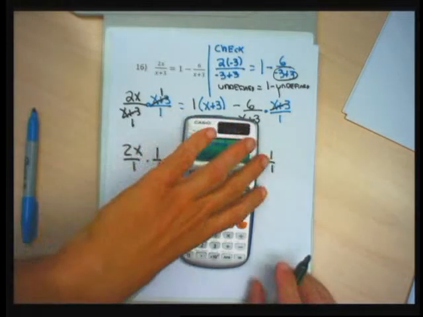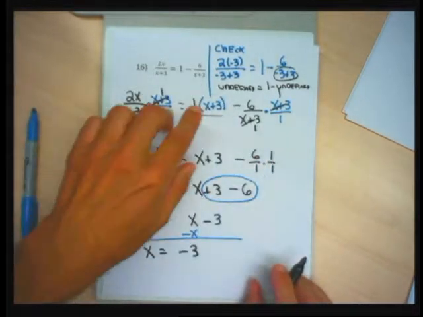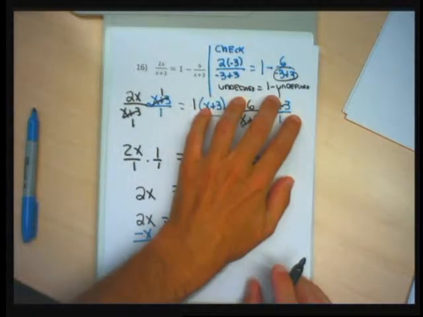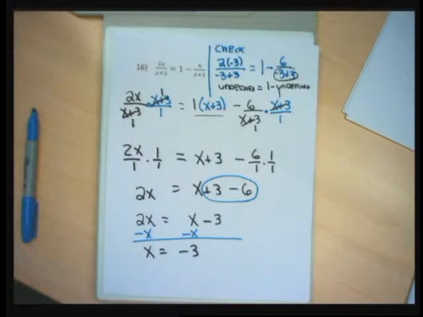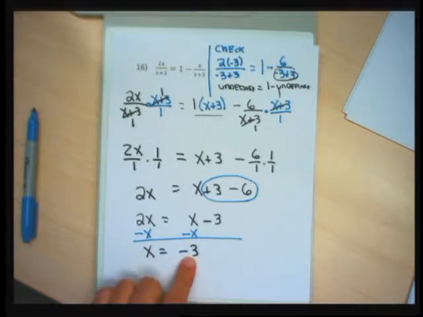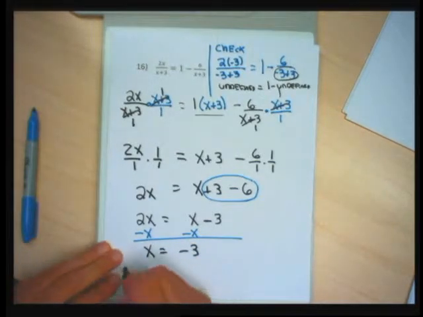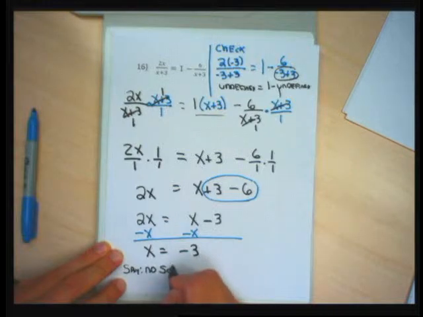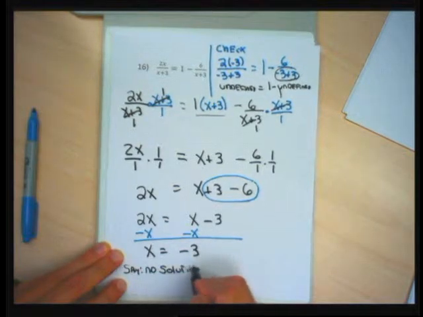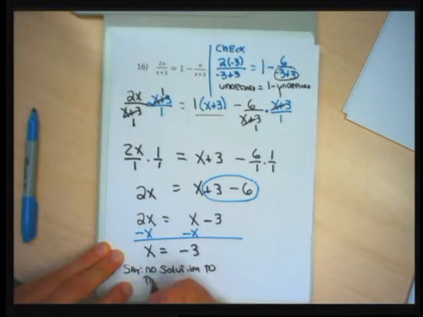In fact, anytime I generate a solution and I get an undefined anywhere when I'm checking, we call that solution extraneous, and it's not a checkable solution, so it's not a solution. When I go to write my answer to this problem, the only solution that my algebra produced doesn't check. I have options. I can say there's no solution to this problem, and that's completely right.